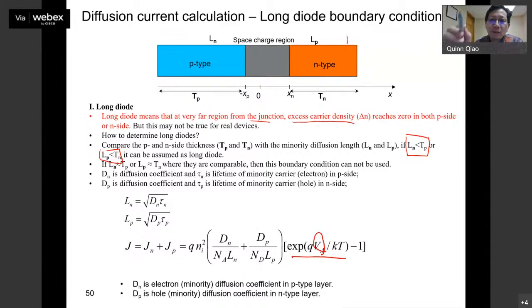Look. So this N, right? This is positive, positive, positive. This is P, negative, negative, negative. In the diode, right? You have the electrons. You go in these directions, right? But inside here, inside the space charge region, if these electrons go this direction, because the electric field is what?